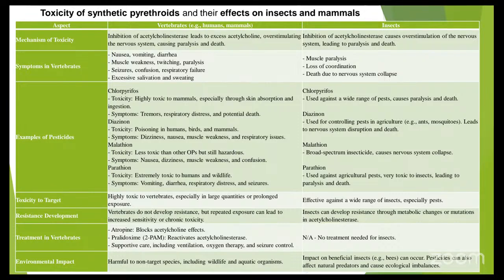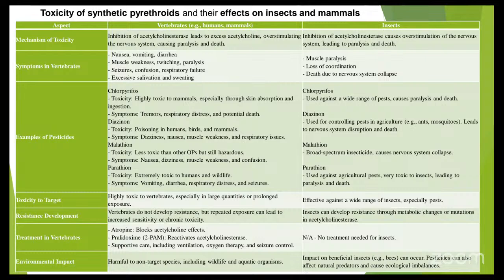Whereas in insects, it's like muscle paralysis, loss of coordination, deaths due to nervous system collapse. And examples of certain pesticides are chlorpyrifos, whose toxicity and symptoms have been given here, and diazinon, malathion, parathion, and their toxicity to humans and insects is shown here.